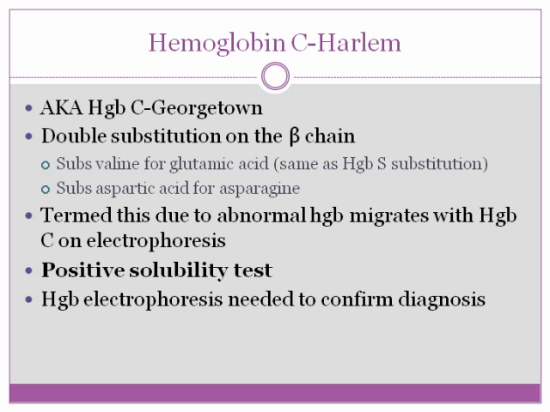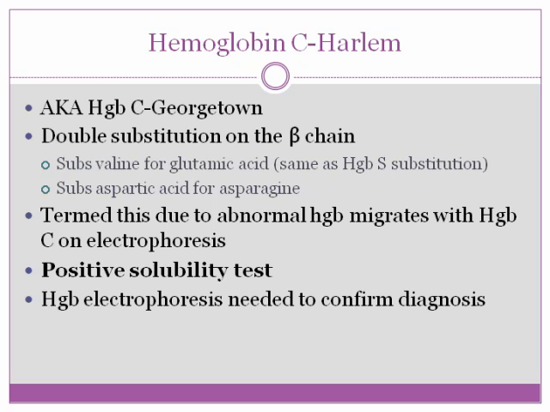One is valine for glutamic acid, the exact same substitution that occurs in hemoglobin S. The other one is aspartic acid for asparagine, and I might have pronounced that wrong. But anyway, we can again perform hemoglobin electrophoresis, see the double here, see that hemoglobin C. This will have a positive solubility test.